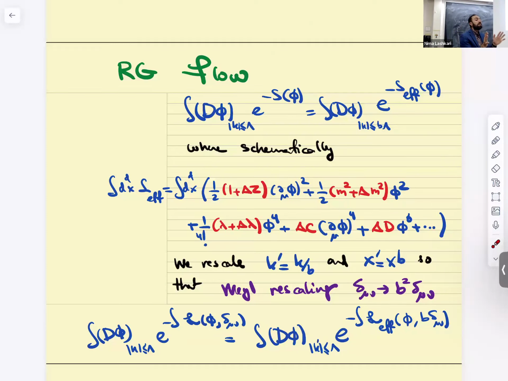So what we showed so far is that you change the cutoff and the couplings change. Now, this is not what we did in renormalized perturbation theory. We said we have a very, very high energy cutoff. We had a renormalization scale, and whatever the contribution of the modes from the cutoff down to the scale of interest was, we don't care about it.